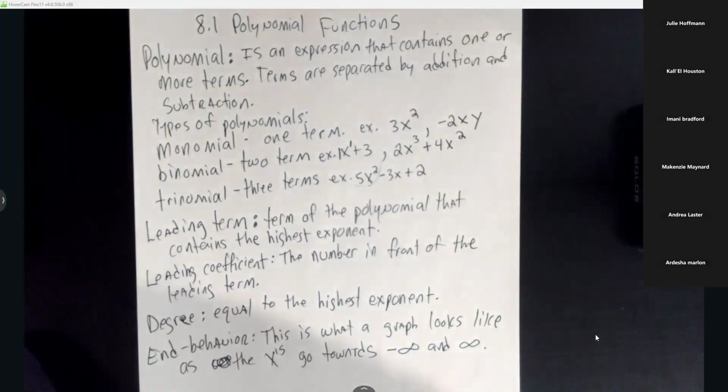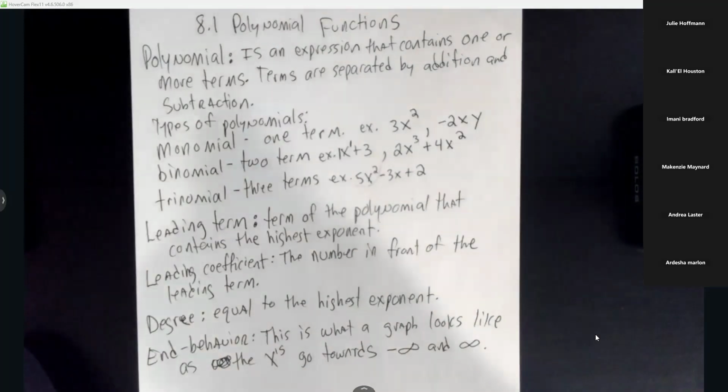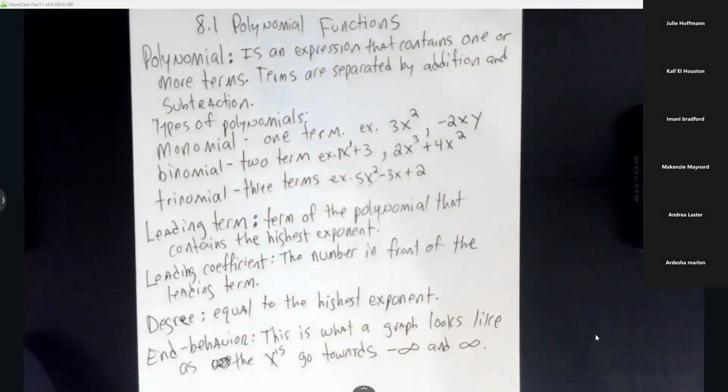We're worried about what's happening to the end of the graphs as they head towards those infinities in the negative and positive direction, okay?